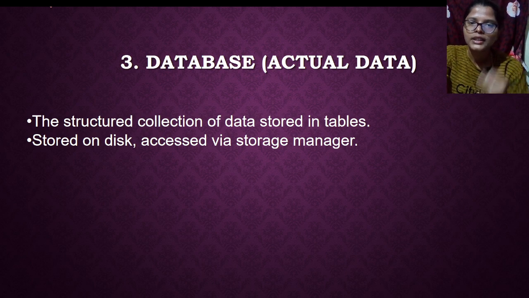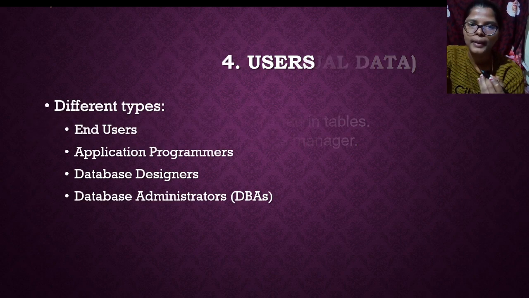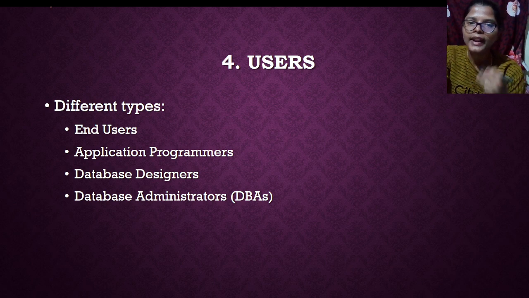The database is the actual data that you want to store in tabular format, on disk or in any file format. Next, who can access this data: the end user, who is using the database through an application or an app. The application programmer interacts with the database and gives results to the end user. The database designer interacts with the client and the application programmer to give better performance.